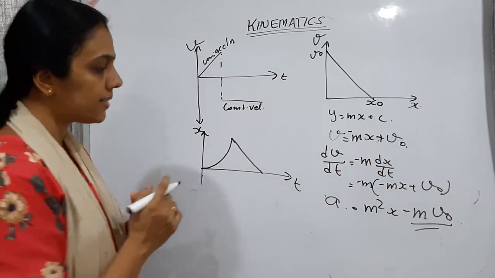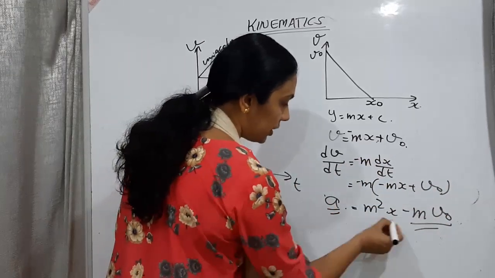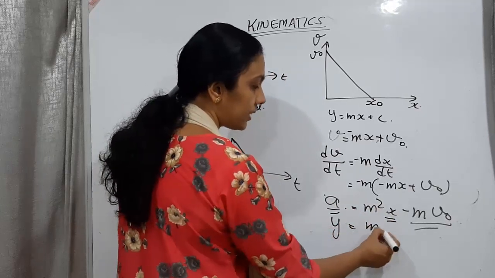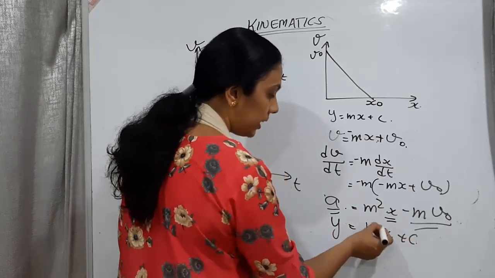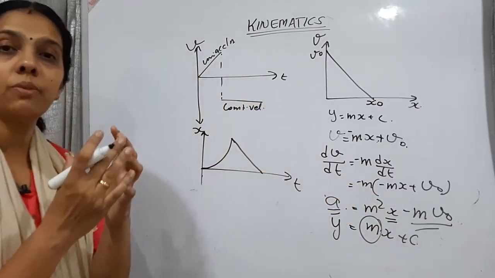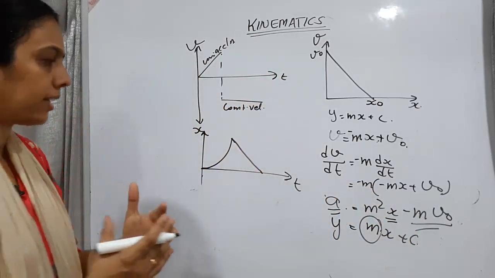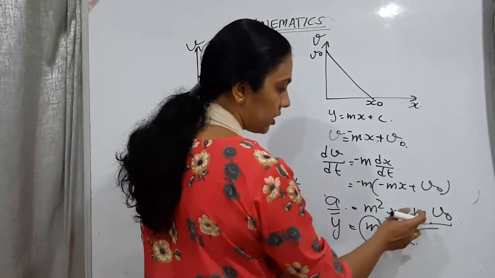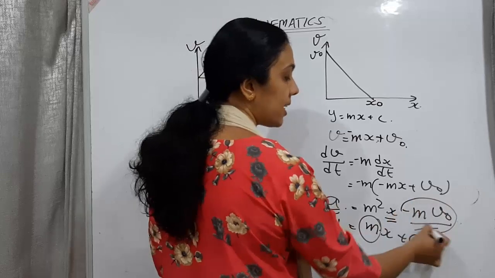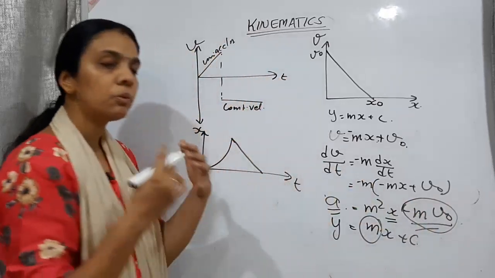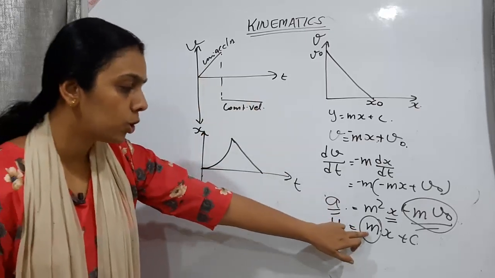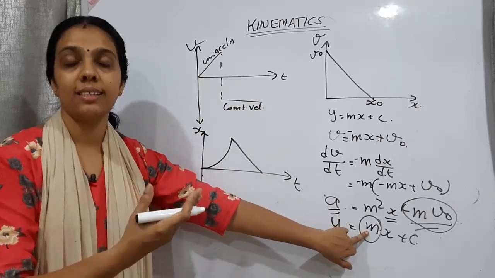From that, what are we understanding? See, the acceleration displacement graph is of the form y equals mx plus c. Here the coefficient of x is m squared, which is a positive value, so the slope is positive, but the y-intercept is negative, minus m v0.